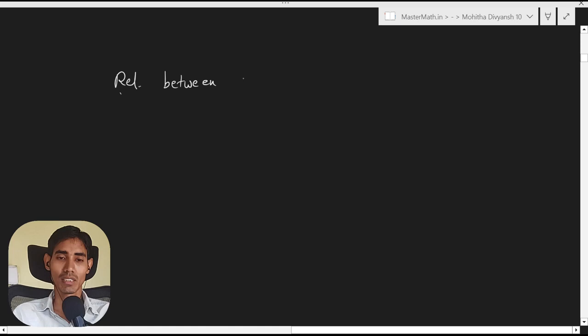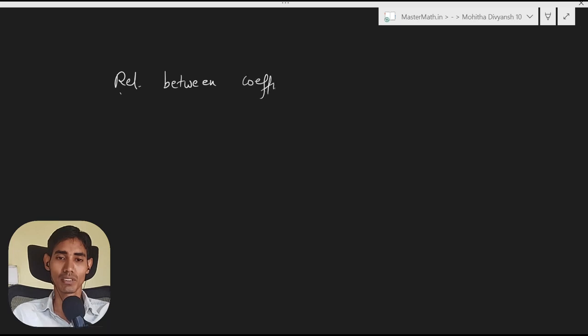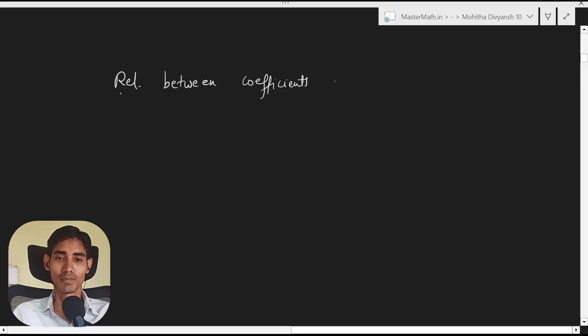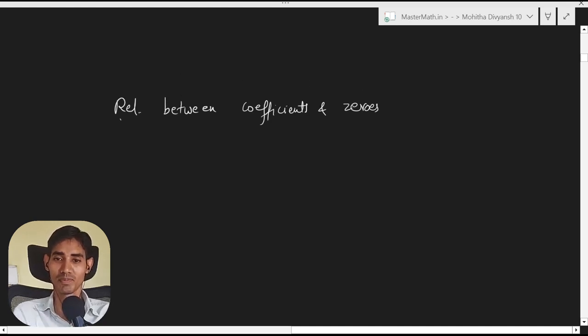A relation between coefficients and zeros of a polynomial. Are you writing something? For sure. Because I only see polynomials and a black screen. There is nothing there.